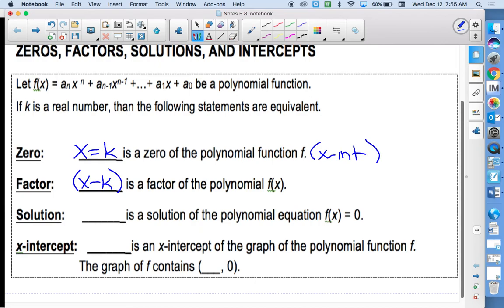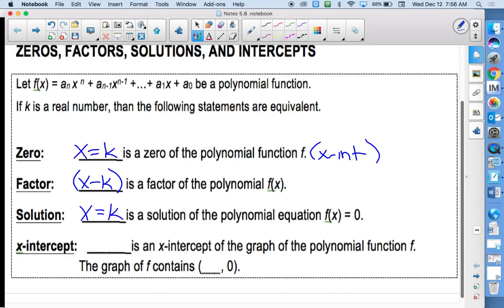It's a solution when it's equal to 0 and you're solving. Well, a solution also looks like x equals k because you're finding x. So a solution would be x equals 5, x equals 7, x equals negative 3. The solution would be the answer when you're solving and it's equal to 0. So the only difference between the solution and a 0 is now it's equal to 0. You're actually solving for x. But it's still an x-intercept.